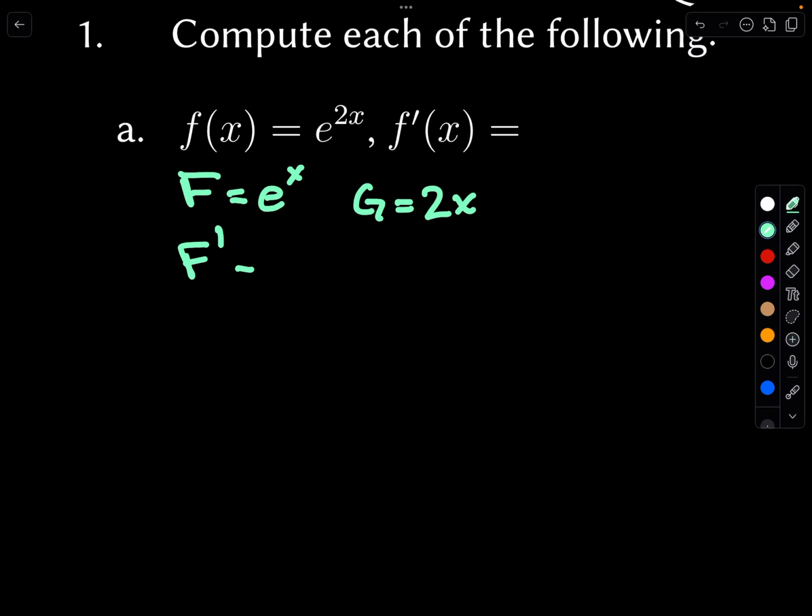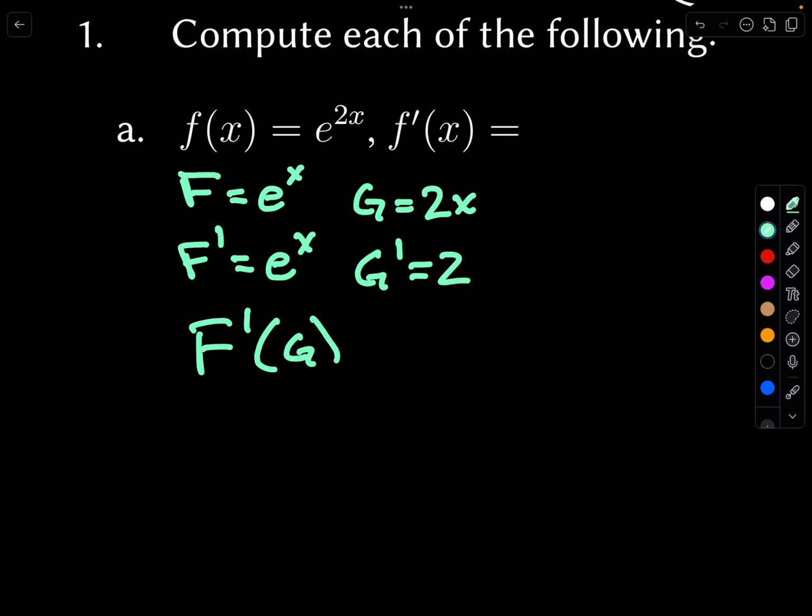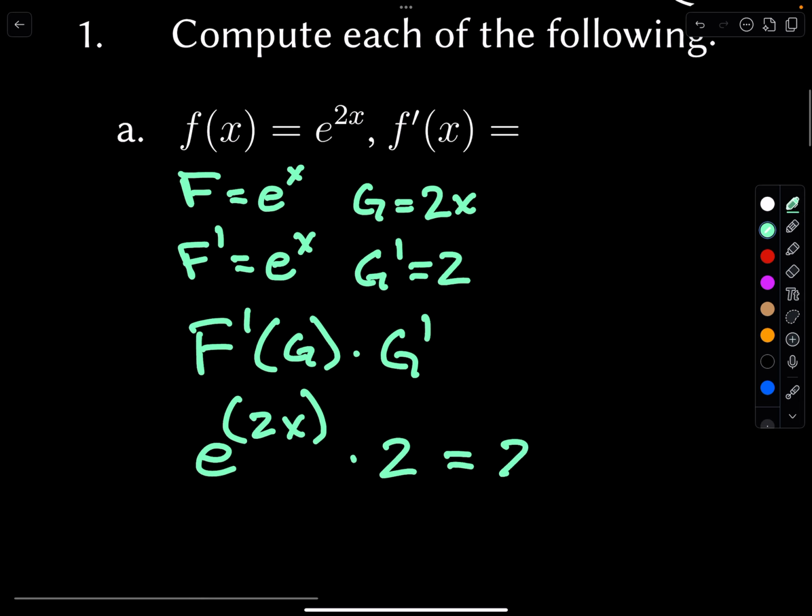So then f prime is also e to the x, and g prime is 2. And so f prime evaluated at g times g prime is going to be e to the 2x times 2, which is the same as 2e to the 2x.